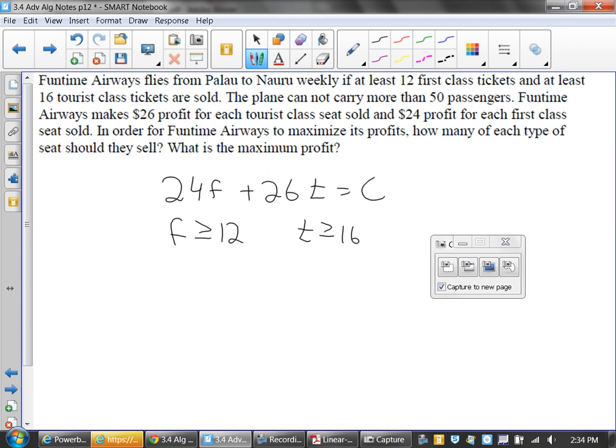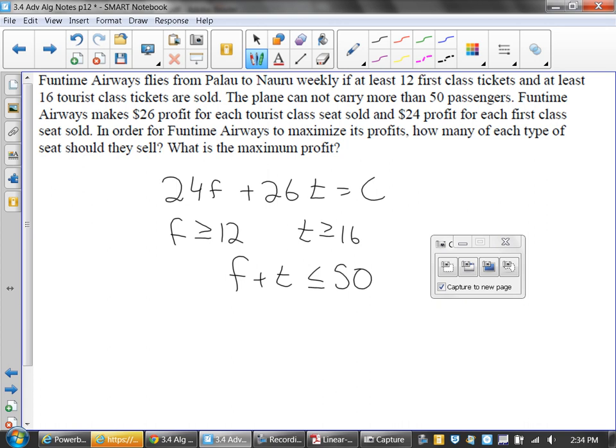Here's where it comes into a little bit of weirdness. It says that the plane can't hold any more than 50 people. So that means the combination of the seats has to be less than or equal to 50. Now, here's where you have to start thinking about, is there an upper level of number of seats you have for first class and for tourists?